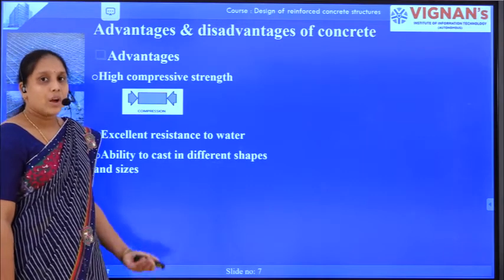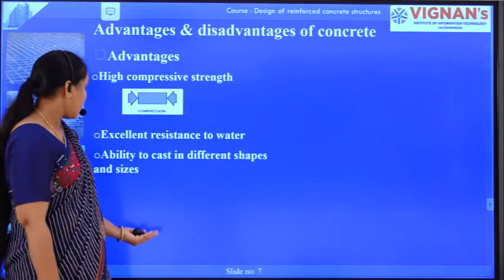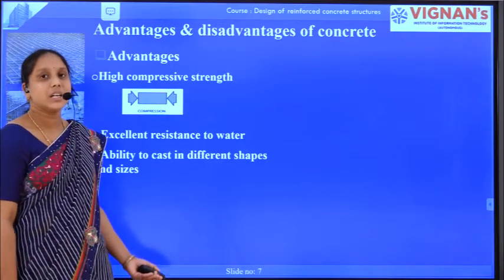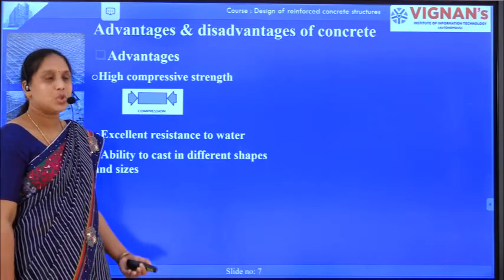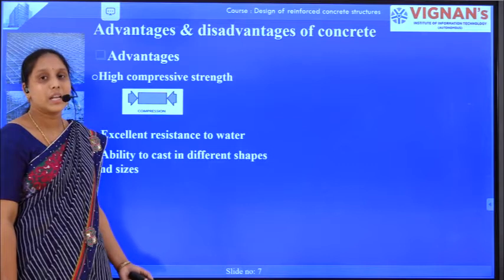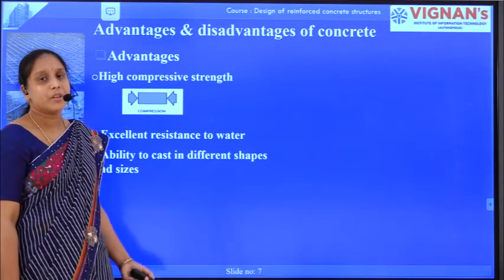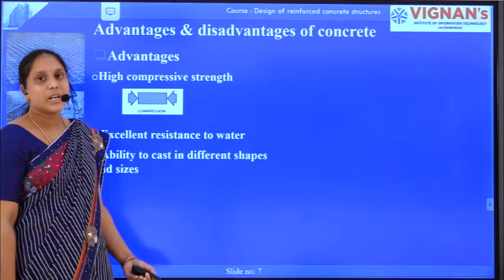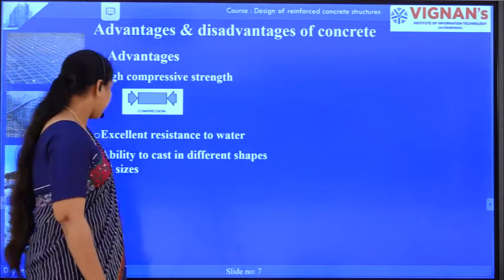So concrete has the advantage of casting in different sizes and shapes. Any size or shape required, we can easily cast with the material concrete.